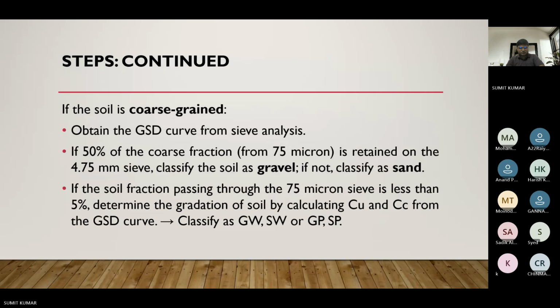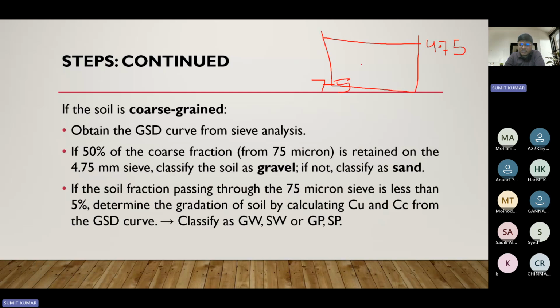Suppose I will draw something. See, this is a container. Over here is the 4.75 mm sieve, and over here 75 micron.